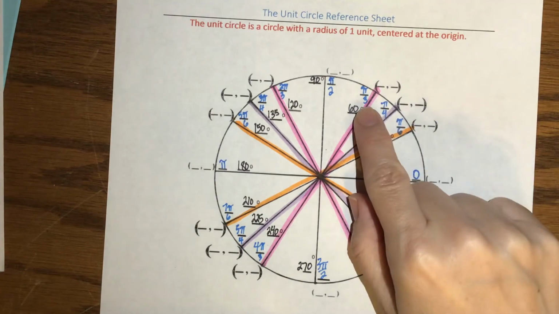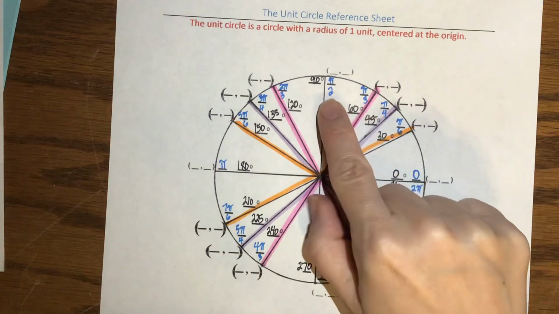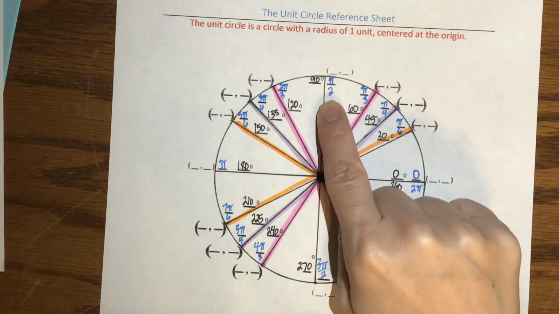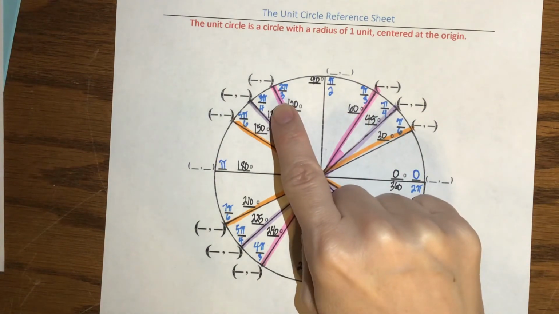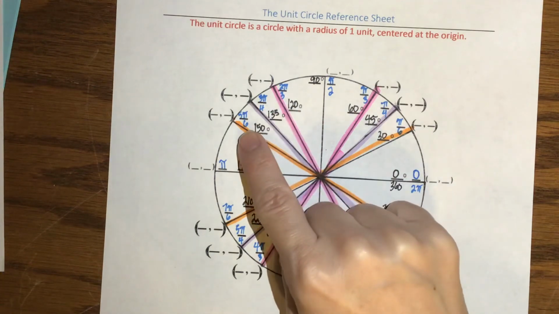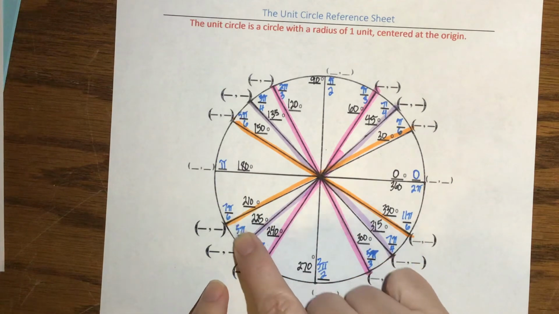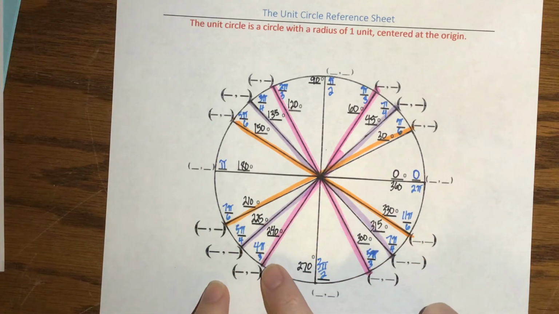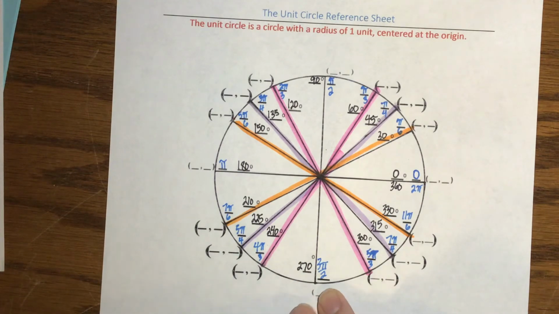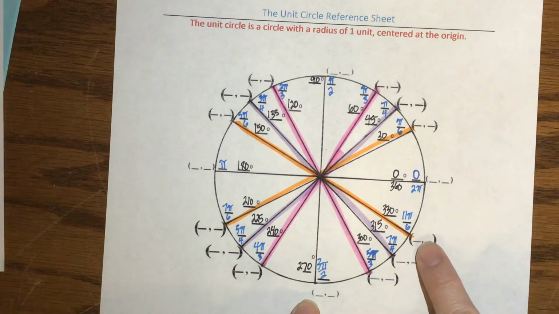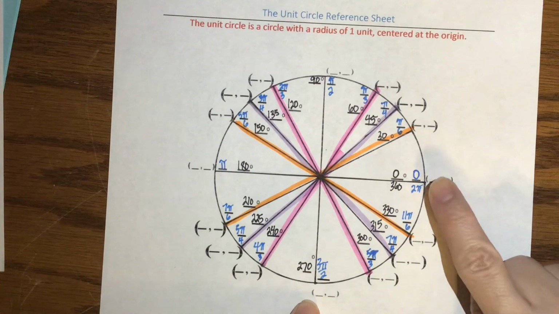Watch this. 2 pi over 6, which reduces to pi over 3. 3 pi over 6, pi over 2. 4 pi over 6, reduces. 5 pi over 6. 6 pi over 6, reduces. 7 pi over 6. 8 pi over 6, reduces. 9 pi over 6, reduces. 10 pi over 6, reduces. 11 pi over 6. 12 pi over 6, reduces.